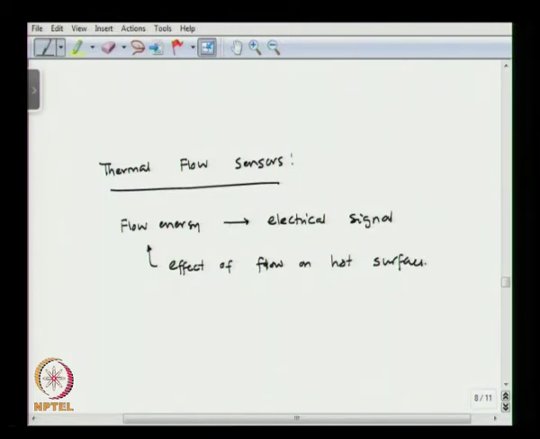Okay. So, there are different principles available. One is the hot wire sensor, the second one is the calorimetric sensor, and the third one is the time of flight sensor.